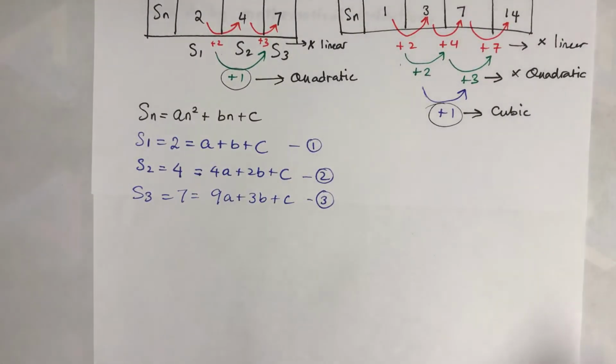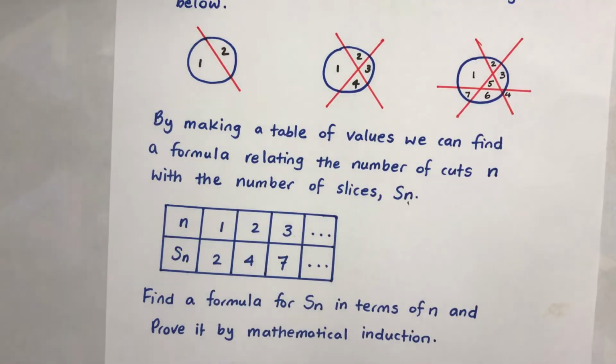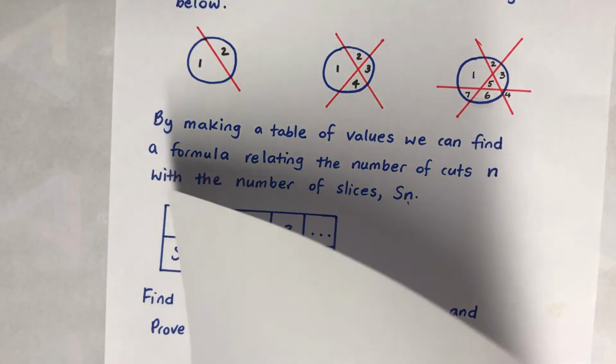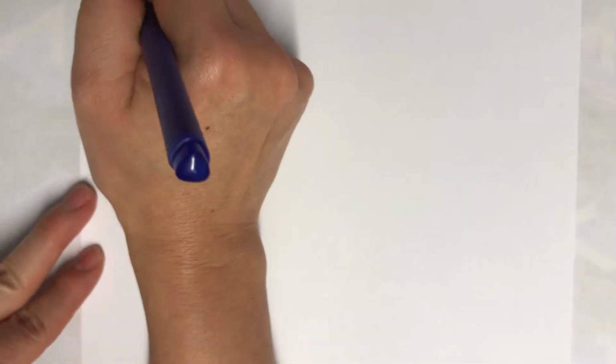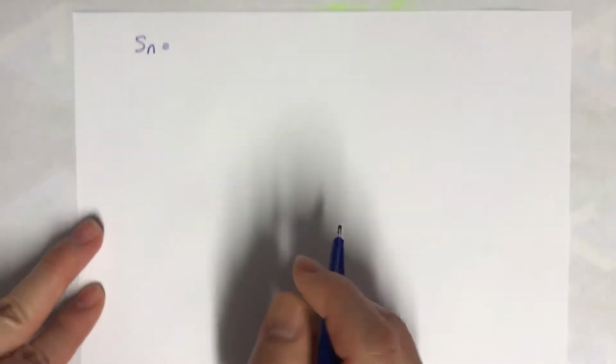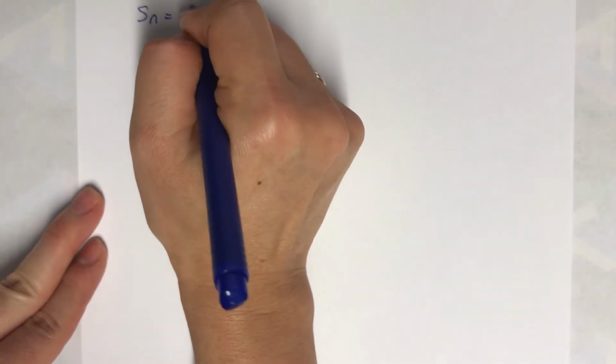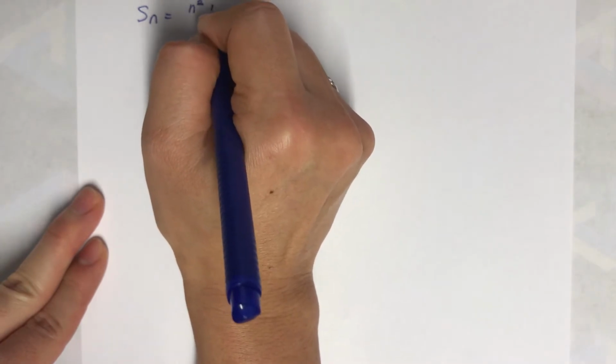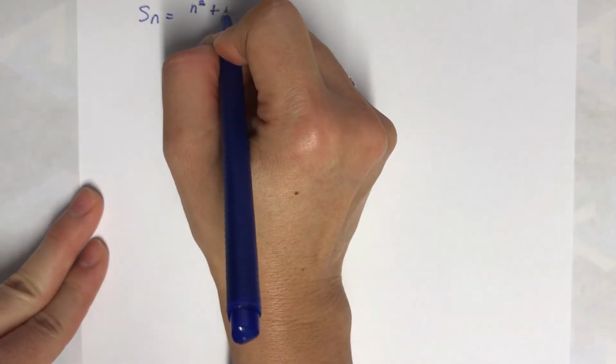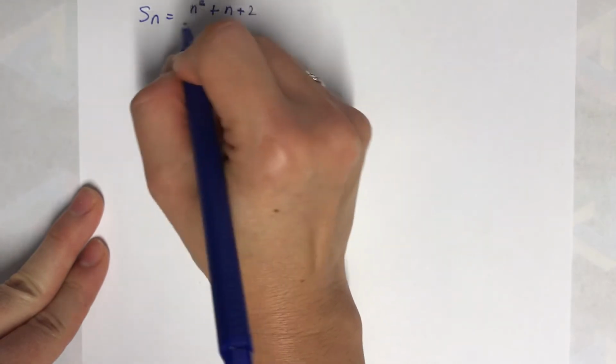Okay, so I know now what I have to prove. First we've got Sn equals n squared plus n plus 2 all over 2. So we need to prove that.